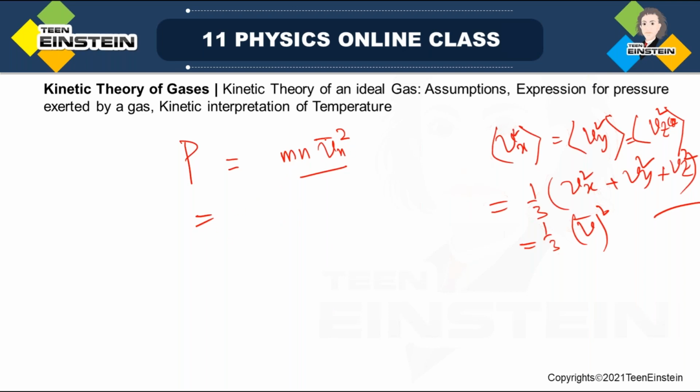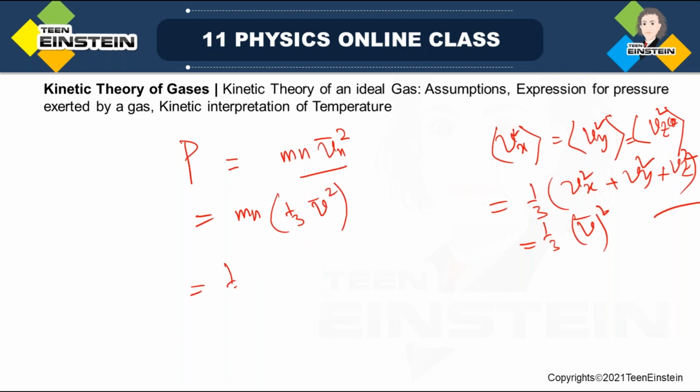So we can express this vx in terms of all other components. Here m into n, and vx square, we can write as 1/3 v average square.